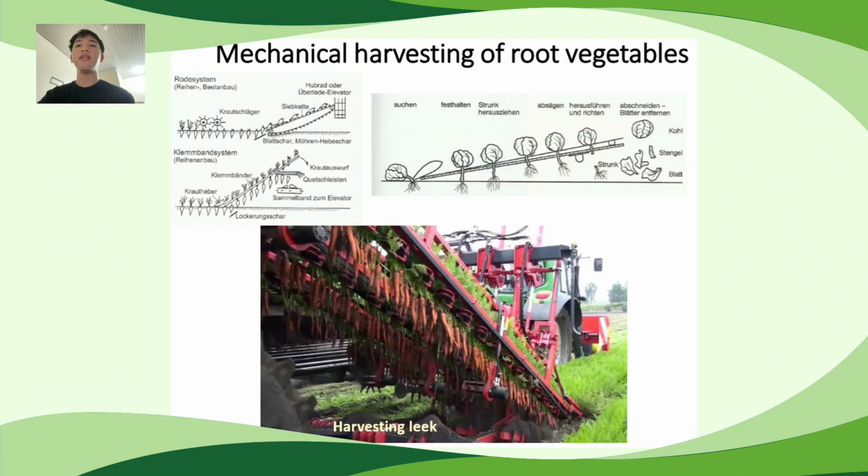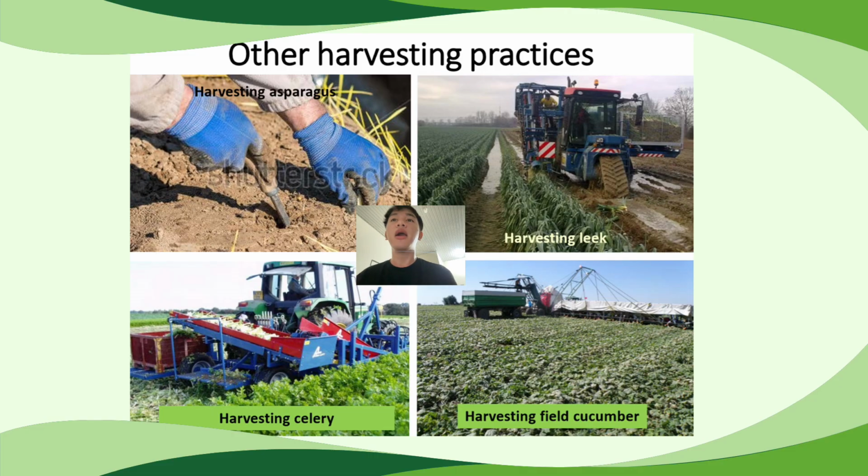Let's move on to the next slide: mechanical harvesting of root vegetables. These are the stages of how to harvest, which we can see in the video or in the PPT. Those machineries are not so present in our country because they are expensive and our agricultural industry is not yet ready. Then we have other harvesting practices: manual harvesting, machineries, harvesting celery. Those are just examples. We apply only a few of these harvesting methods here in the Philippines. That is all.